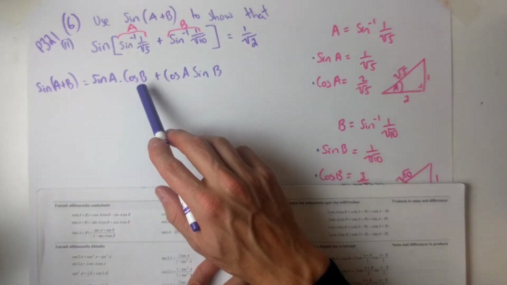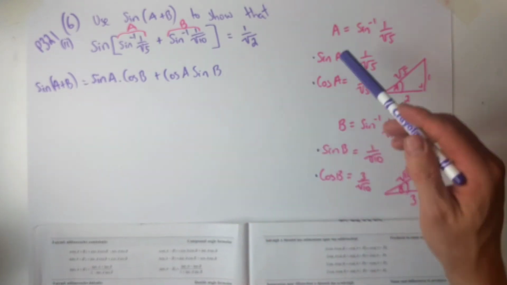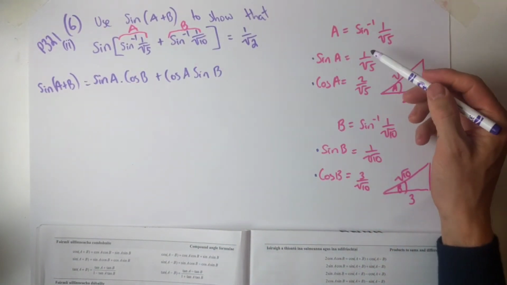And you know what sine A is, what cos B is, what cos A is, and what sine B is, because you've got them all worked out here. So you're just substituting in.